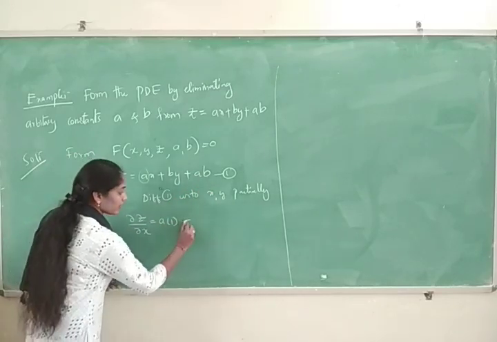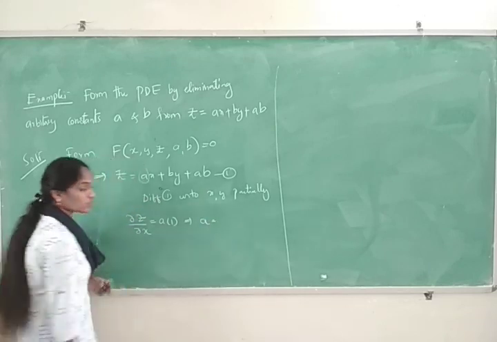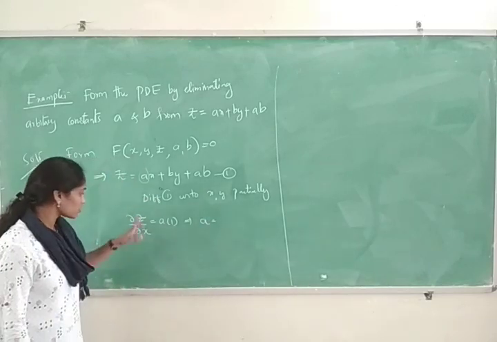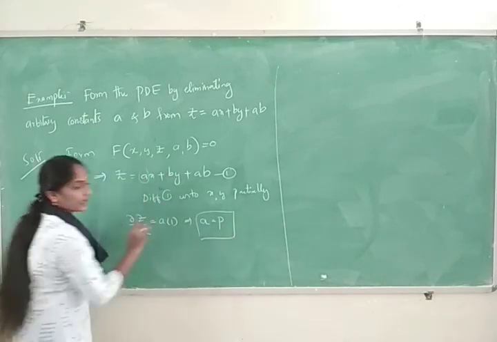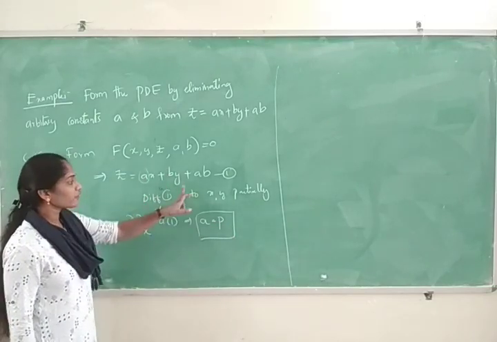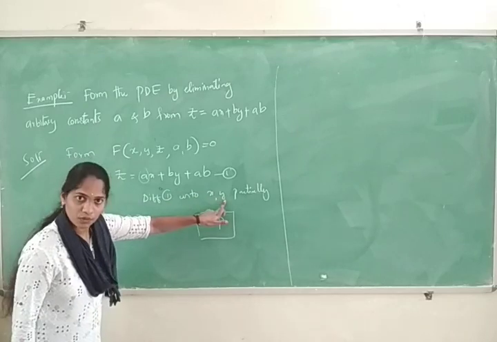So dou z by dou x is a. Going to the notations, dou z by dou x is p. So the value of a is p. Now again differentiate equation 1 with respect to y.